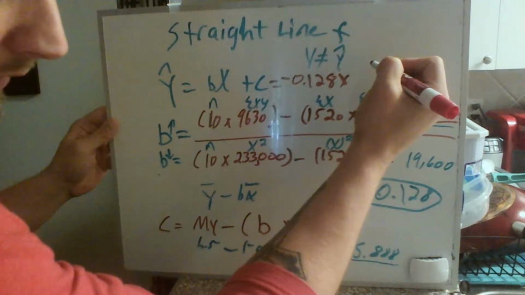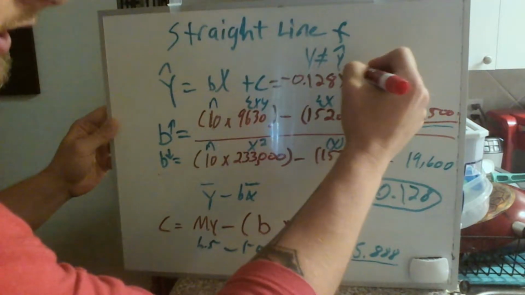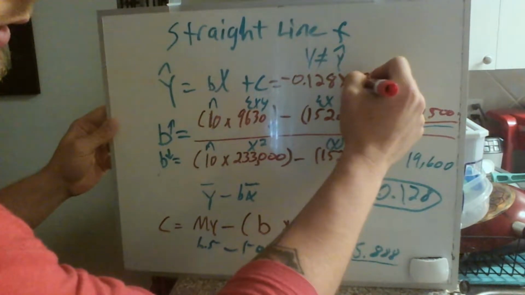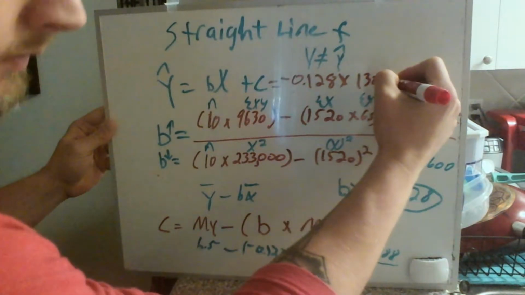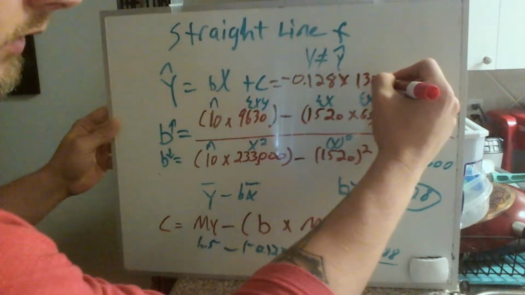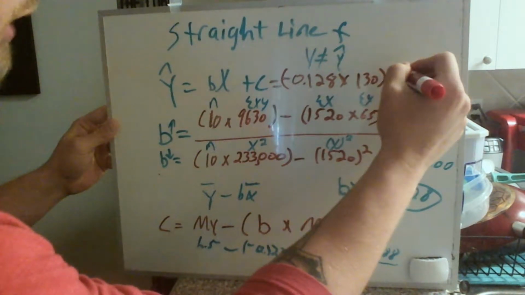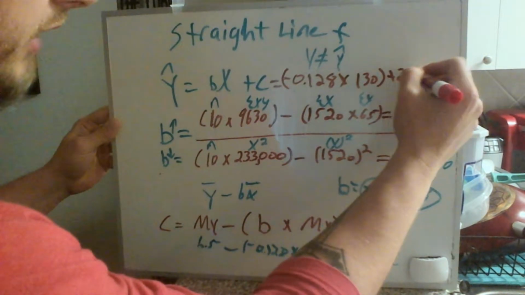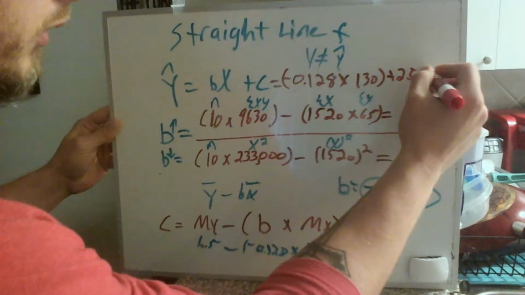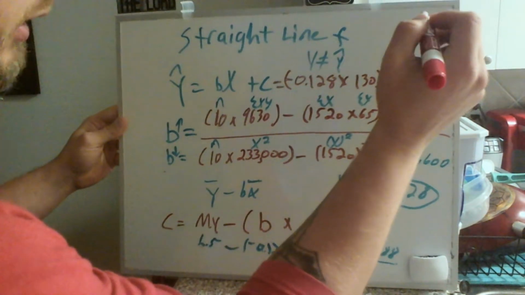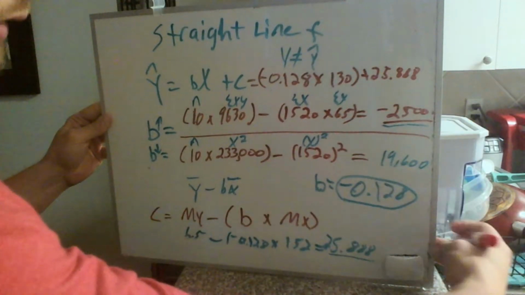So let me see here, what's a good one? 130. I'm going to put a parenthesis on that so I can keep that straight. Plus 25.888, and now I need to grab a calculator because that was the end of my notes.